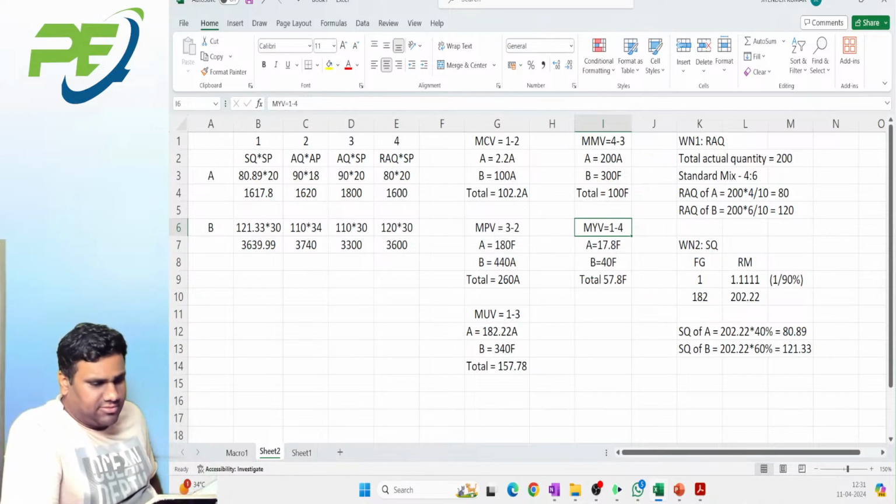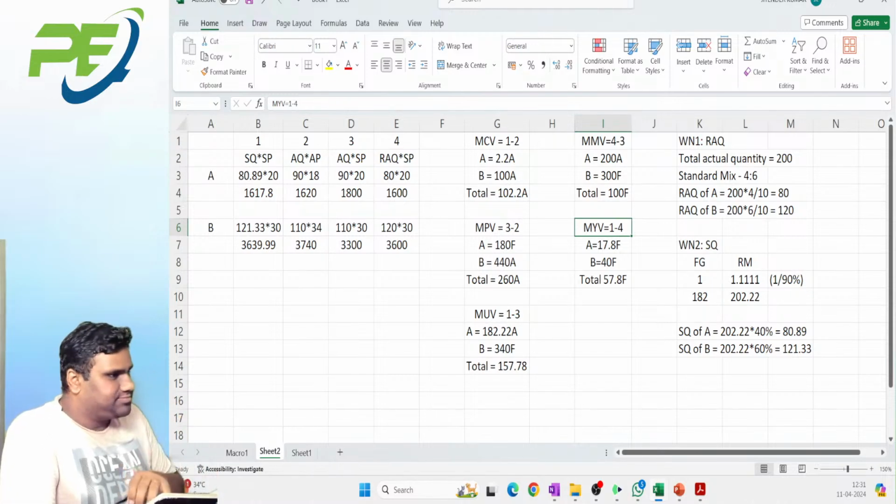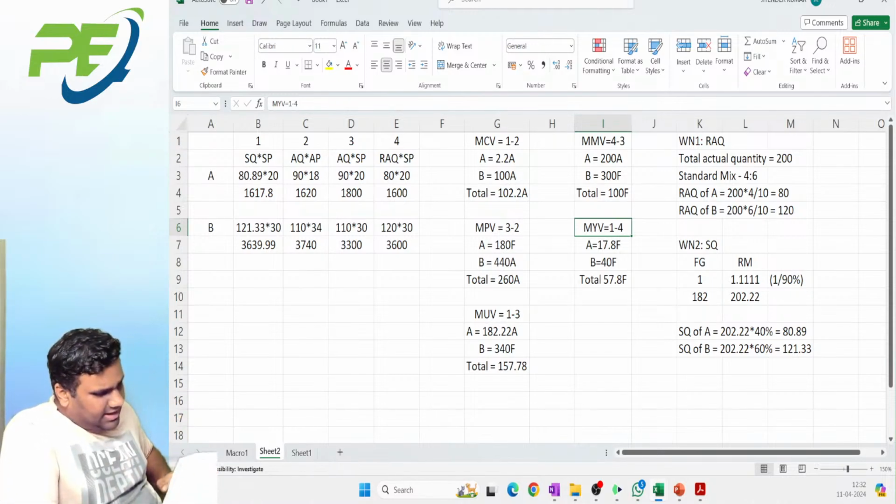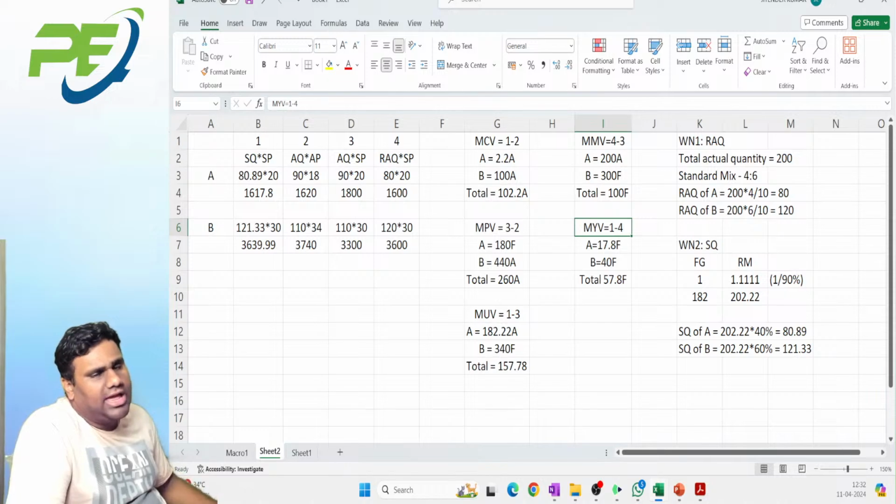Point number F. Material yield variance is also known as material subusage.